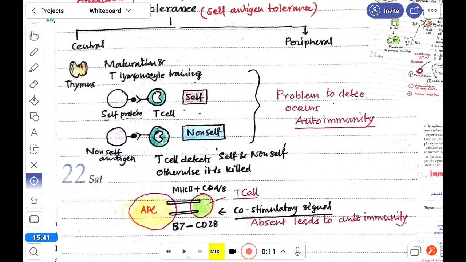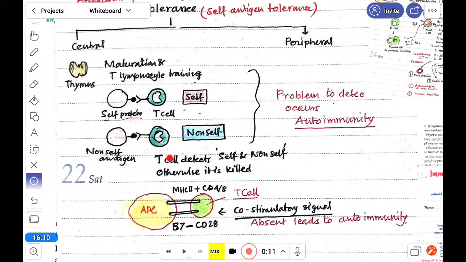It is just like military training. It is like seeing that this is our soldier, and that is the foreign one. So just detect it, and after that don't make mistakes. This is the tolerance. I am using the word training, but actually it is a kind of system.